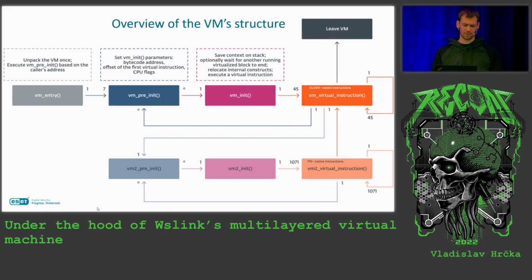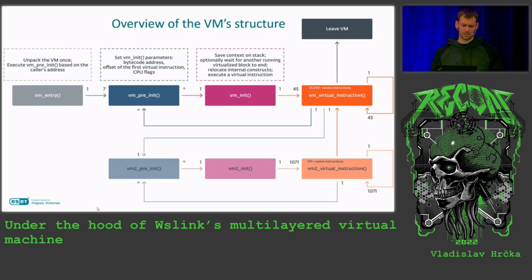Each VM preinit contains a hard-coded address of a bytecode, and apart from that stores CPU flags and calls one common VM init that saves the rest of the native context on the stack. It additionally contains some synchronization, because the virtual context is in the section with the VM, and it's only one, so all the threads need to synchronize not to overwrite it.